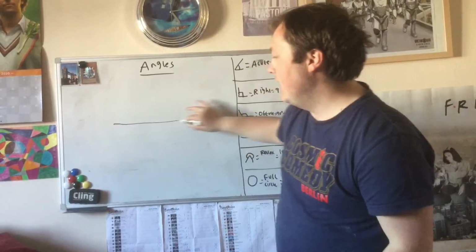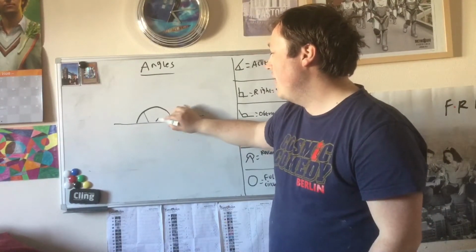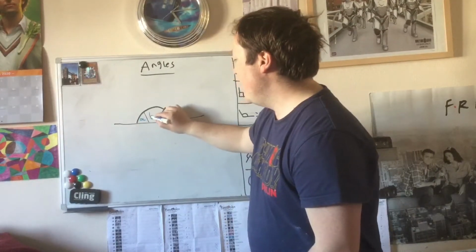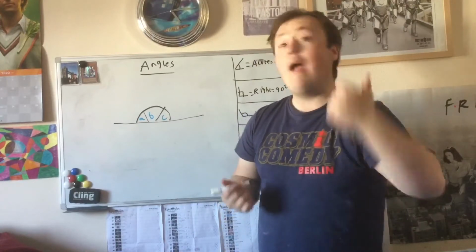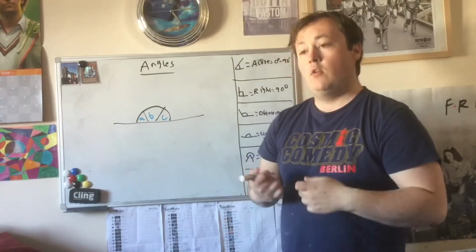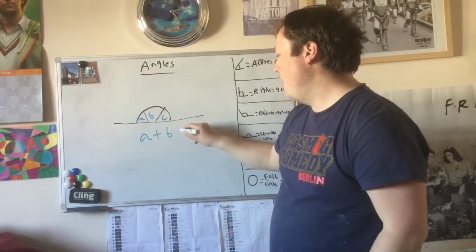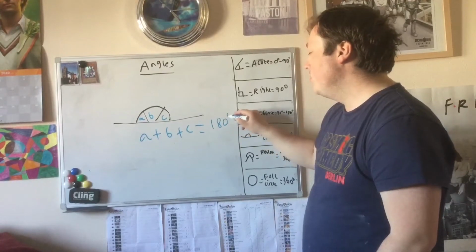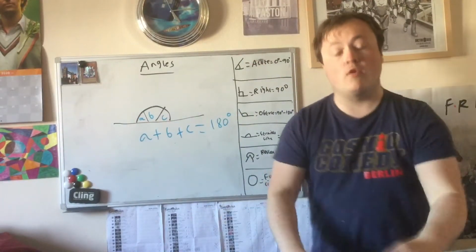We have a straight line, and if we have angles here, and we label them A, B and C, here's the rule. No matter how much they are, A plus B plus C all have to add up to 180 degrees because it's a straight line.